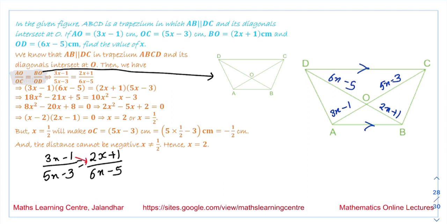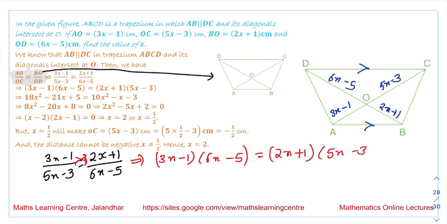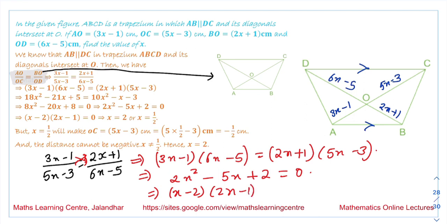If we cross multiply, we get 3x minus 1 into 6x minus 5 equals 2x plus 1 into 5x minus 3. On solving this, we get the quadratic equation 2x square minus 5x plus 2 is equal to 0. If we split the middle term, we get x minus 2 into 2x minus 1 is equal to 0. So this gives us x is equal to 2 or x is equal to 1 by 2.